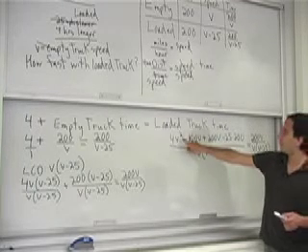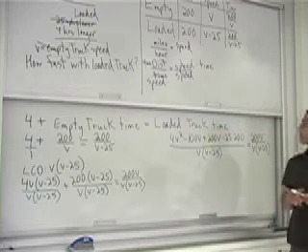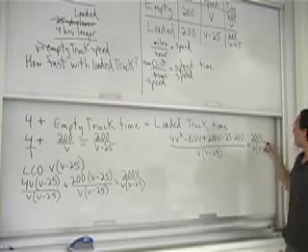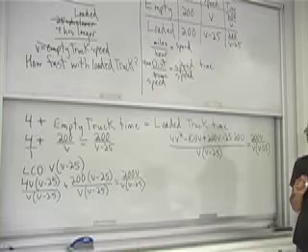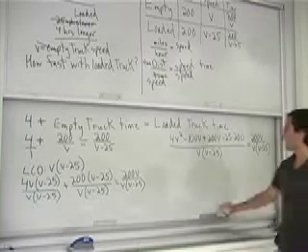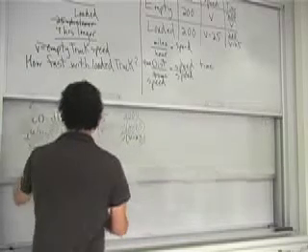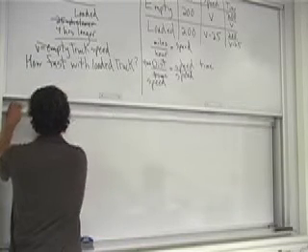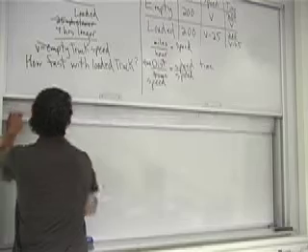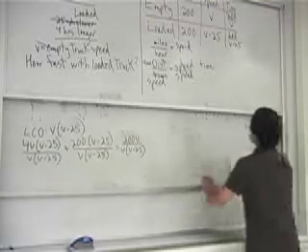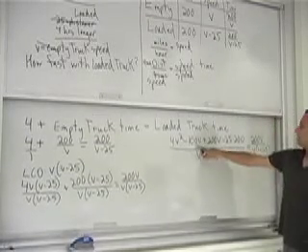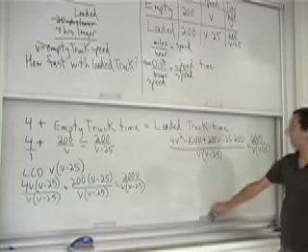Daunting, except for the fact that we realize that the numerator is just going to be a quadratic. So let's take a look at that. So we have 4V squared. Combining these two guys, we have 100V.